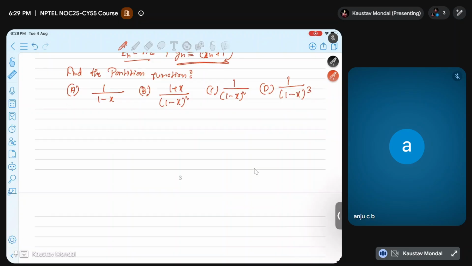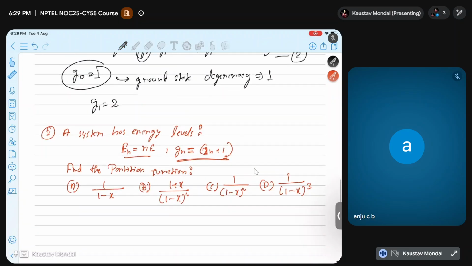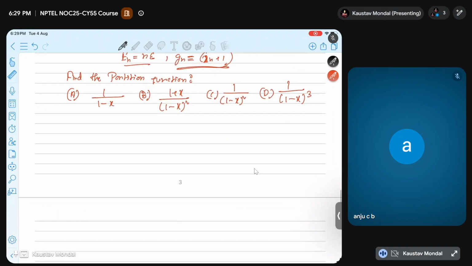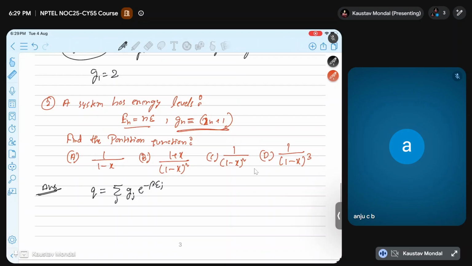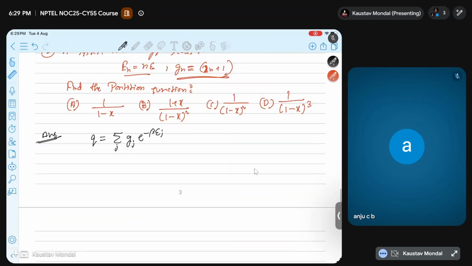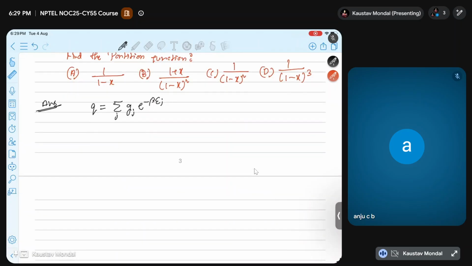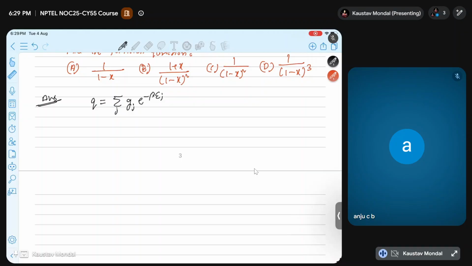The first thing is that you would use the expression of the partition function that we know. q is the summation over gj into e to the power minus beta Ej. For the sake of calculation, let's take e to the power minus beta e as x.